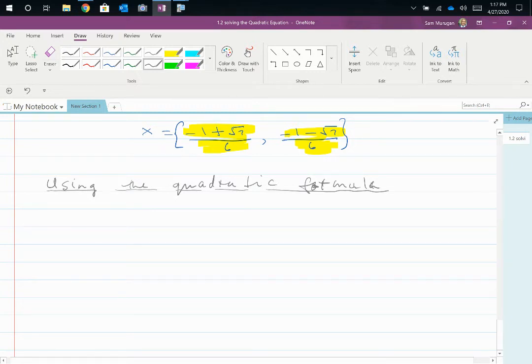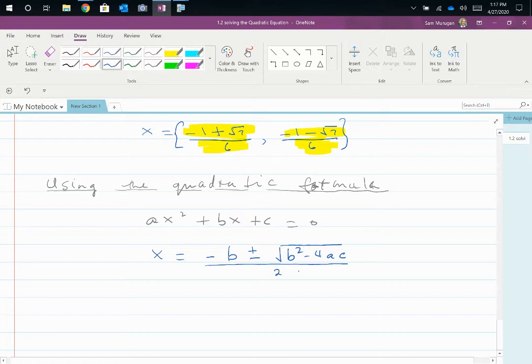Recall that if we have a quadratic equation, ax squared plus bx plus c equals 0, then the quadratic formula is x is equal to minus b plus or minus the square root of b squared minus 4ac divided by 2a. And this is known as the quadratic formula.